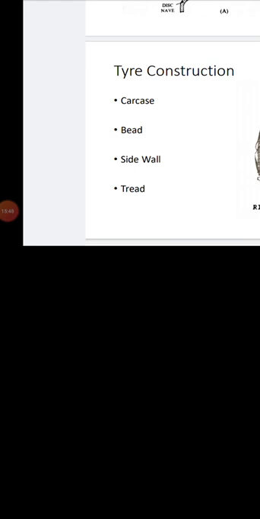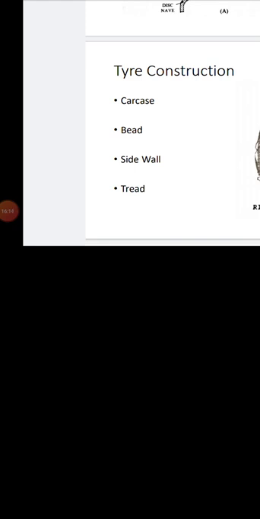What are the major components? Carcass, beads, sidewall, and the tread. These are the major components of a tire. A carcass is the horseshoe type inner lining of the tire, and is made up of a number of layers of textile cord plies.